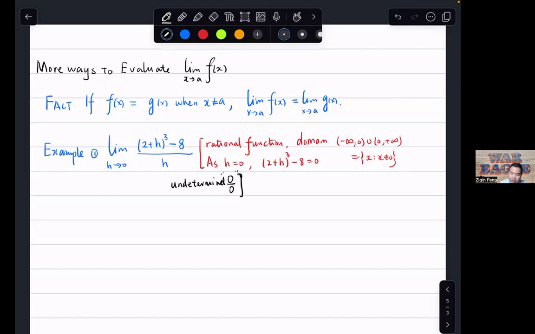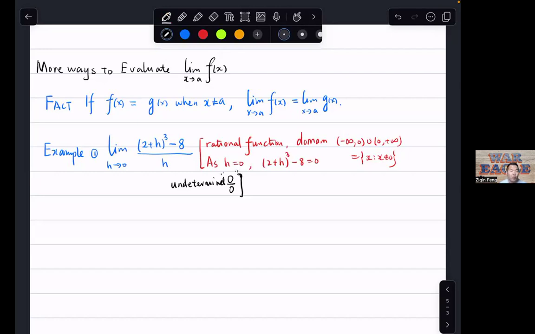So this is clearly 0 over 0 as h goes to 0, and we cannot plug in 0 because we have a factor h in the denominator. So we want to cancel that h, then you can plug in 0.